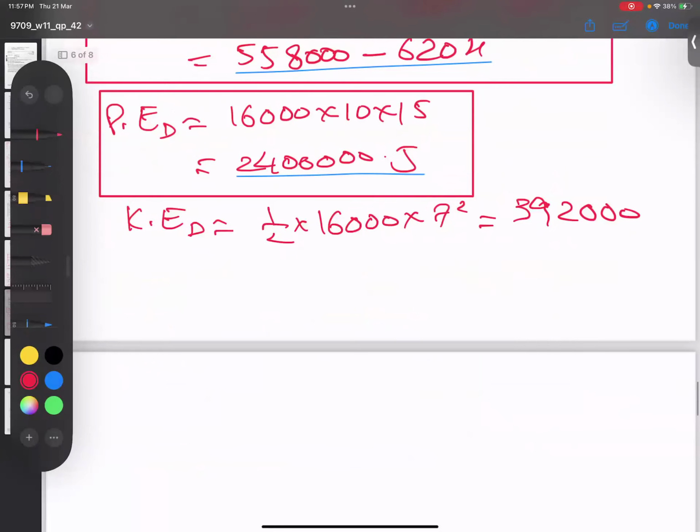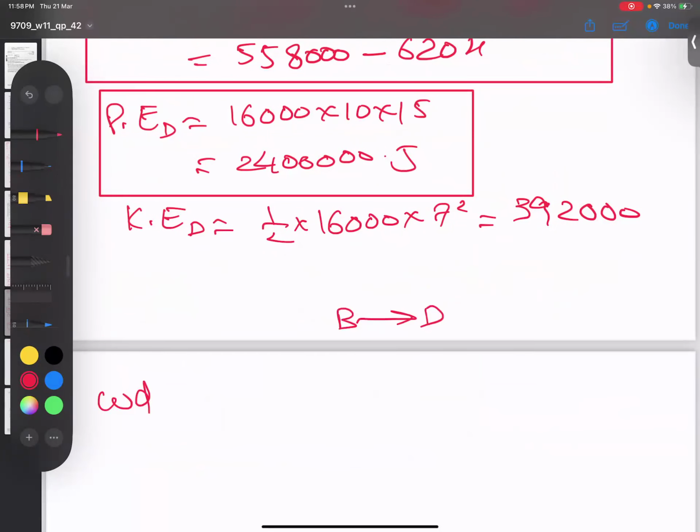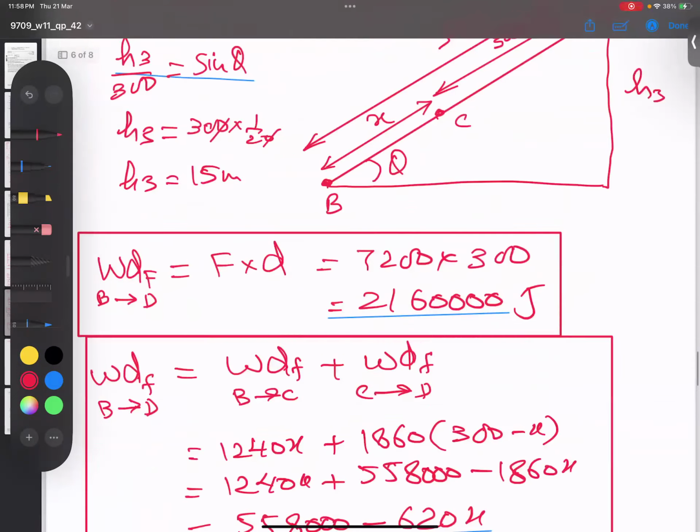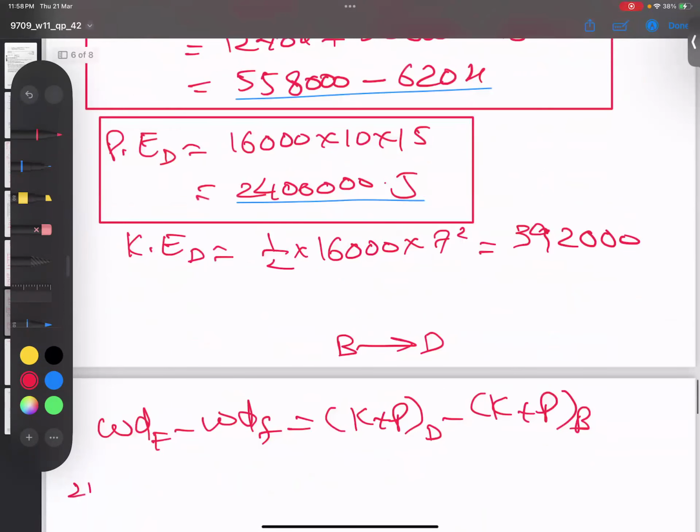Let's write the magic formula, B to D: applied force work, work done by frictional force, kinetic energy, potential energy at D, minus kinetic and potential energy at B. The applied force work I just got is 216 and 4 zeros.